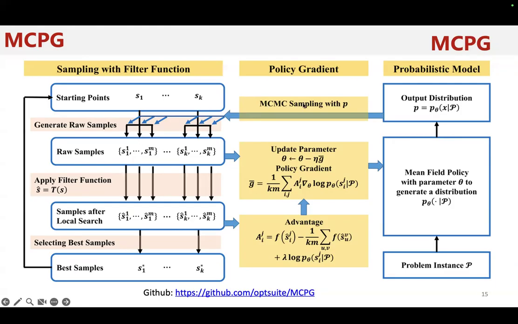Of course, you can do it by very naive sampling: simply sample, and then repeat the process. For the samples we compute the advantage functions and also the gradient, and then we update the parameters. This is the simplest way to do it.